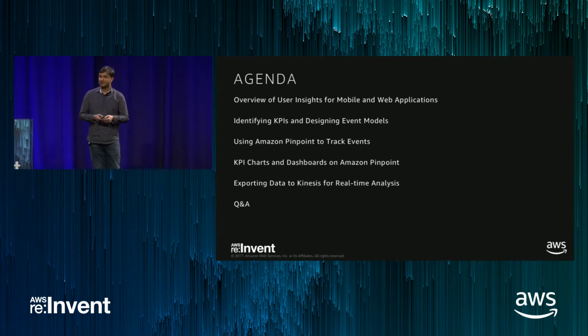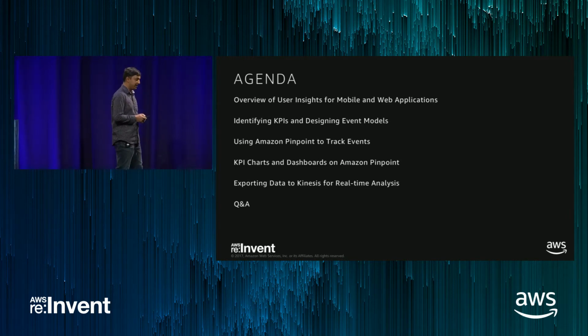I will then discuss event models and how they can help you capture data in a structured way. I will then talk about how you can instrument your app using Amazon Pinpoint to collect these KPIs and use these event models.